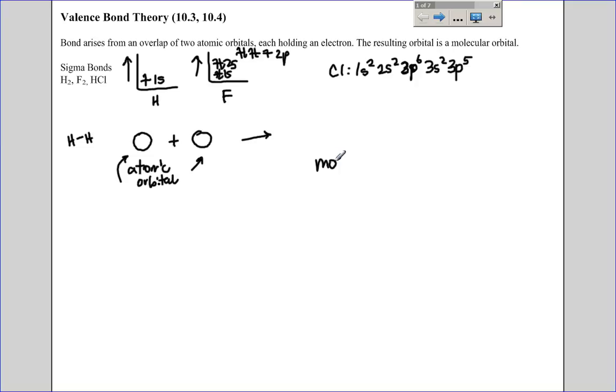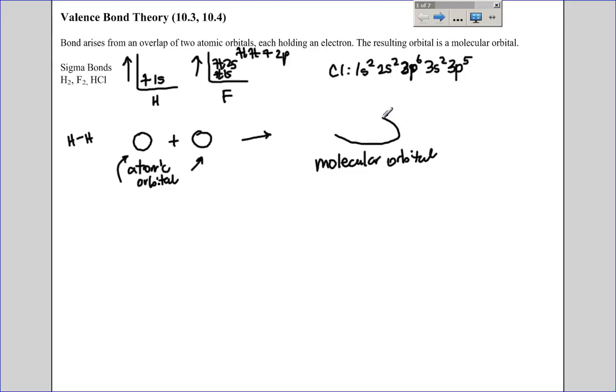And the molecular orbital is determined from mathematical addition of these 2 wave functions. And as you know, our study of wave functions has been more simplistic. So what I'm going to show you is the resulting molecular orbital.